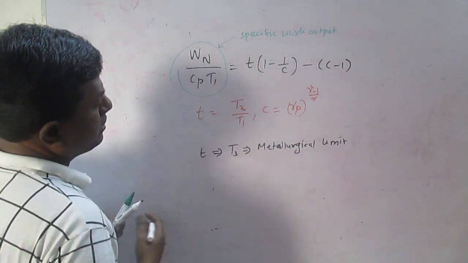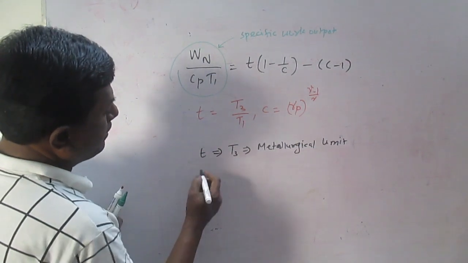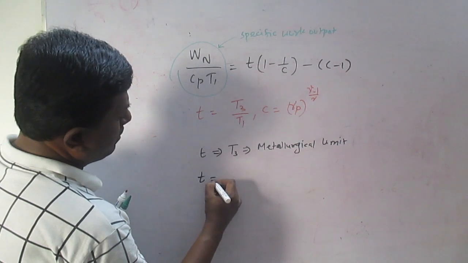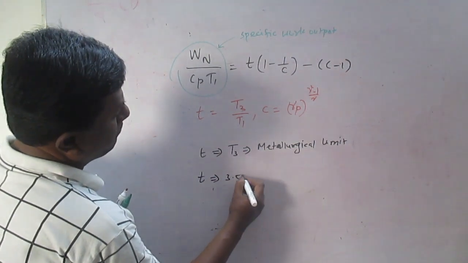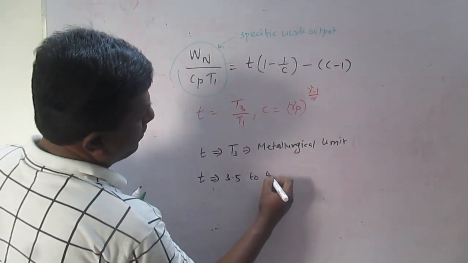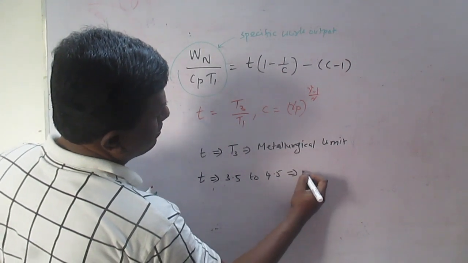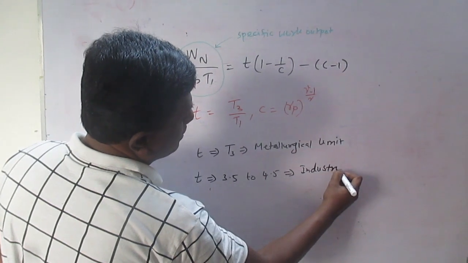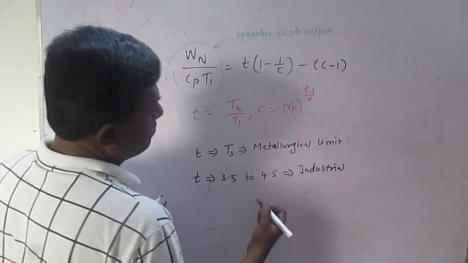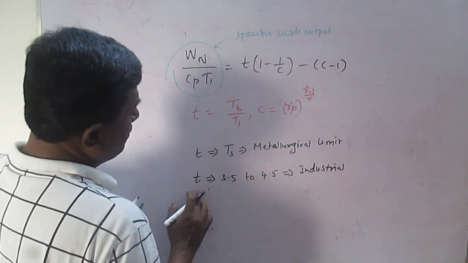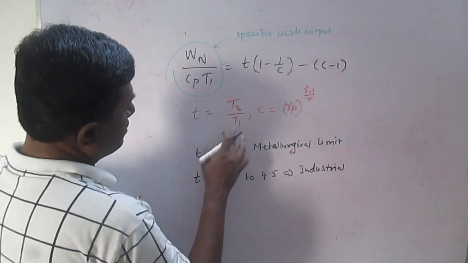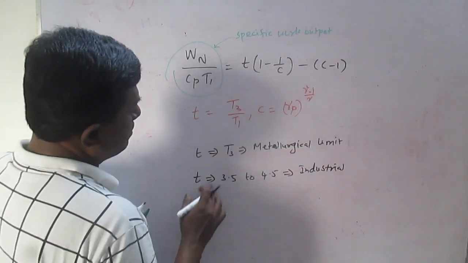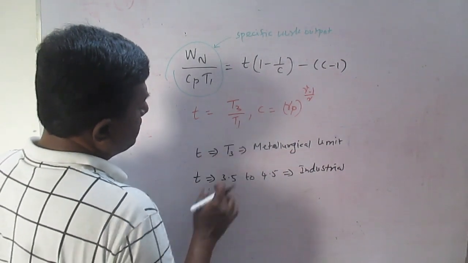Next, T varies for different applications. T equal to 3.5 to 4.5 is for industrial gas turbine applications. T is the ratio of the maximum temperature to the minimum temperature, that is the compressor entry temperature.